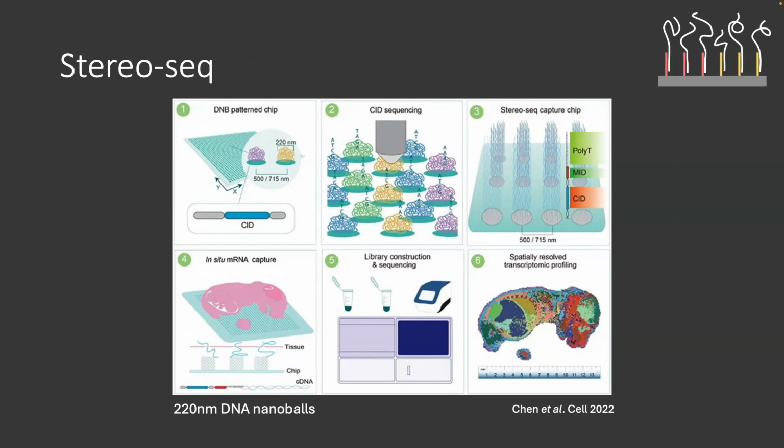So now they know where each spot is located and what their spatial barcode is. And then they attach a poly-T sequence, very similar to Visium, put the tissue on top, the RNA moves, gets captured, and is then sequenced. Because these spots are very small, they're 220 nanometer in diameter, with a sub-micron spacing, they also get a very high resolution with this method.